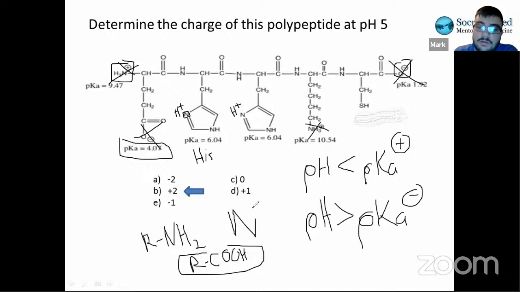For example, the protonated version of this is NH3 plus, which is positive, whereas the deprotonated version of this is COO minus, it's negative, right? Sometimes deprotonated means negative, sometimes it means neutral. Protonated sometimes means positive, sometimes neutral. It depends on the amino acid, or if we're talking about general chemistry, it depends on the molecule.